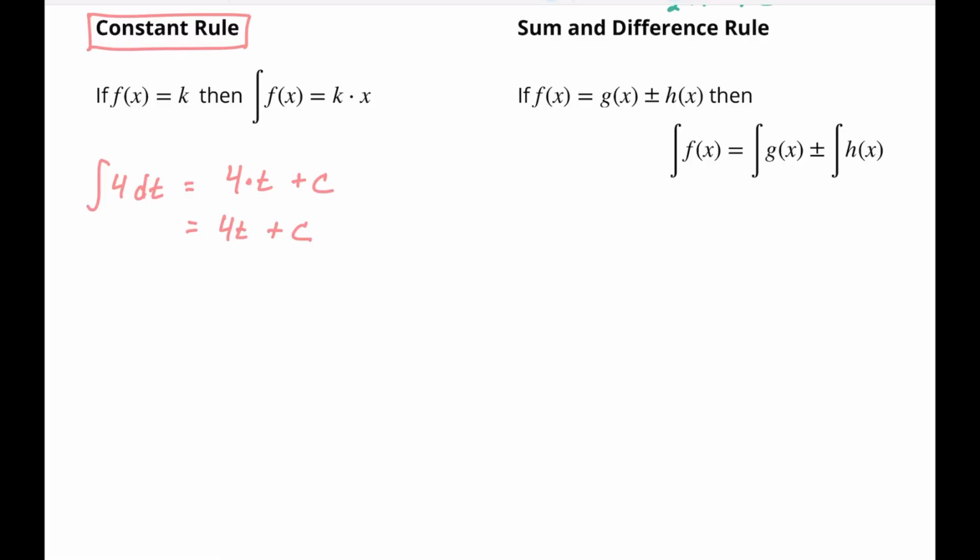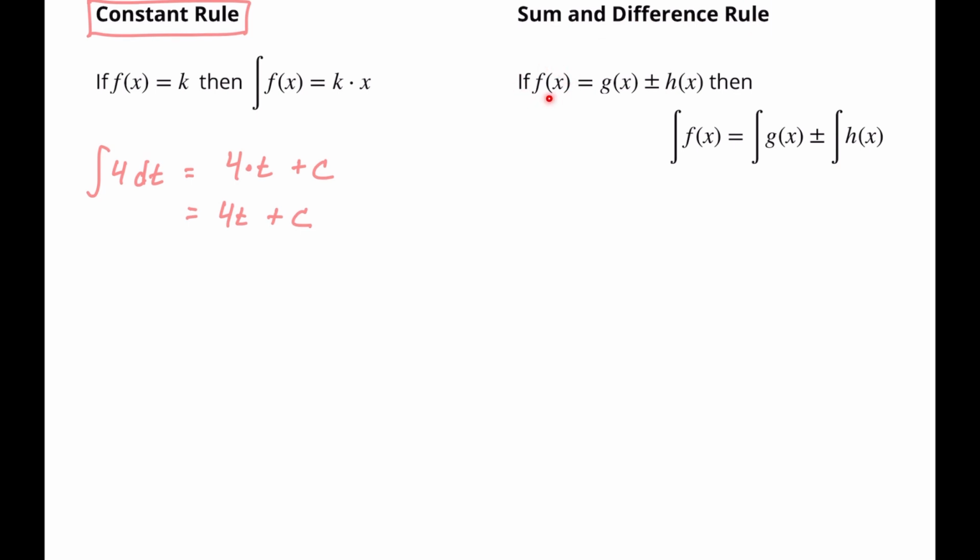And now we've got one more to kind of round us out for the basic rules, and that's called the sum and difference rule. So here, if our function is the sum or difference of two separate functions, then the integral of the whole function is equal to the integral of the first piece plus or minus whatever the case was up here, the integral of the second piece.